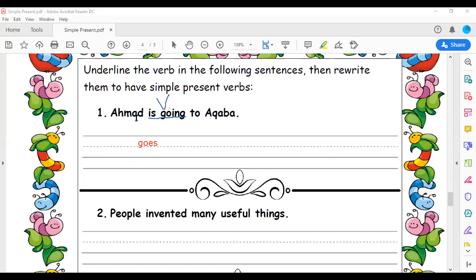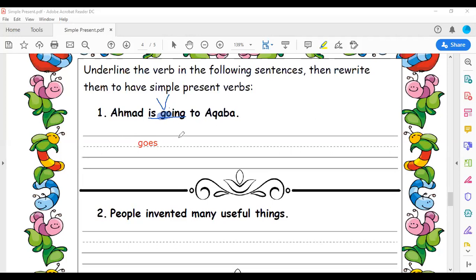Okay. So Ahmed is going to Aqaba. The verb is going. Is is a verb and go is another verb. So I take them both. Now when there is or are in the sentence, I don't take them in simple present. I only take the main verb. Where is the main verb? The main verb is go.